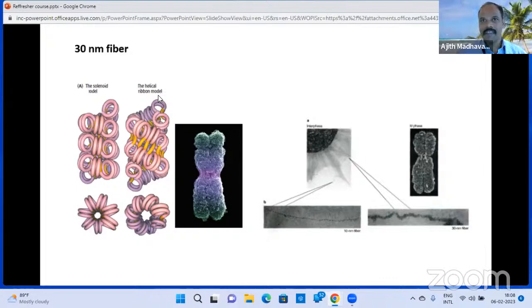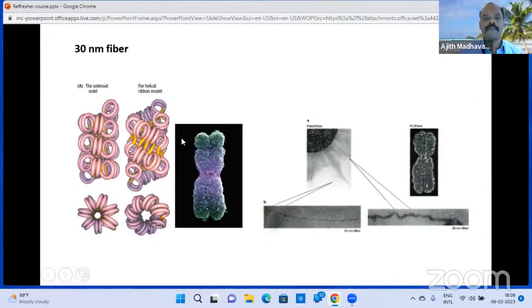So the naked DNA is wound around the octameric histone, which is called chromatin, and the chromatin is now a little thicker, 2 nanometer becoming 10 nanometer, and the 10 nanometer is wound into a helical structure to form a 30 nanometer fiber.